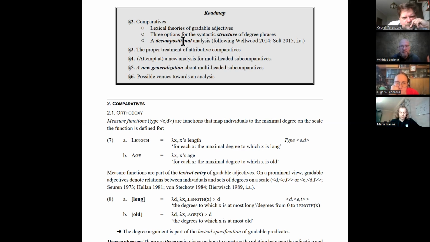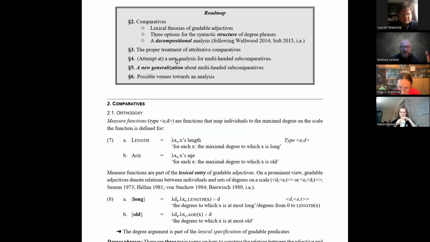So in some sense, switching from the orthodox view of gradable adjectives to a sort of decompositional view, I think, necessitates narrowing down the syntactic options that are available to parse those strings that are compositionally interpretable.